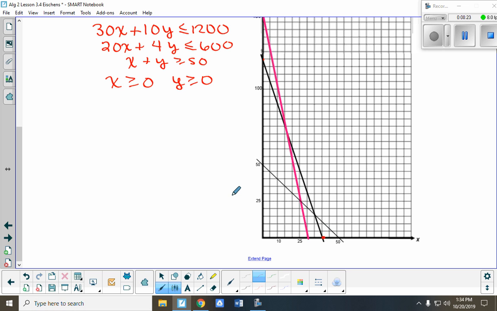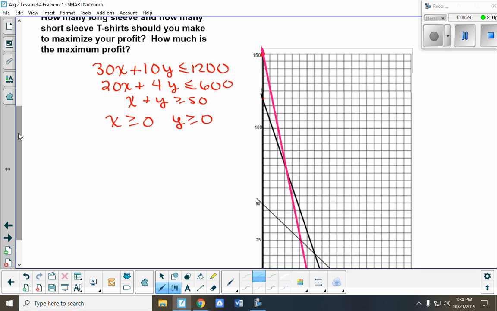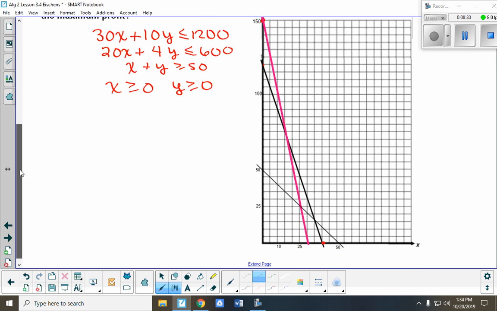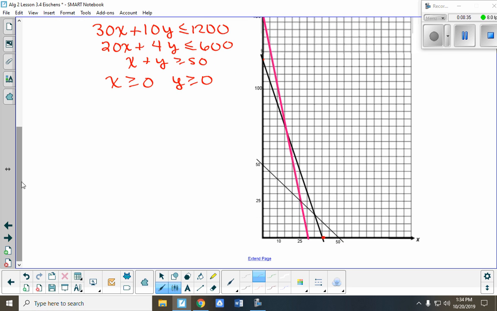The next one, your Y-intercept, if X is 0, would be 150. So that's way up there. And then the X-intercept would be 30. So that's right here. And then those are both shaded below, because if you test 0, 0, that's less than 1,200, 0, 0 is less than 600.